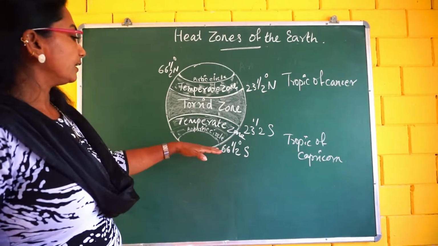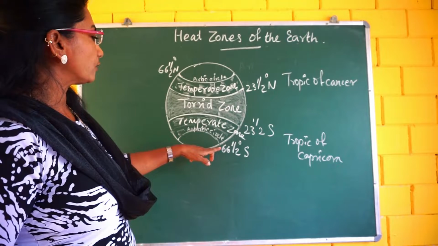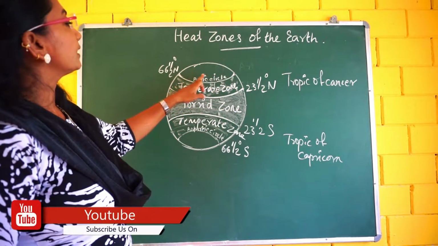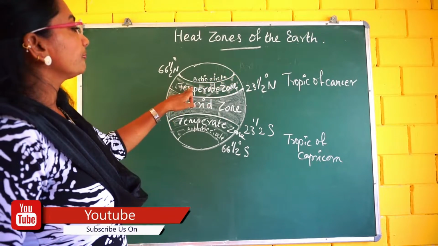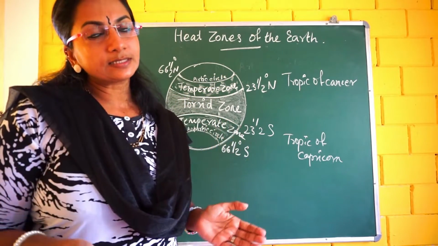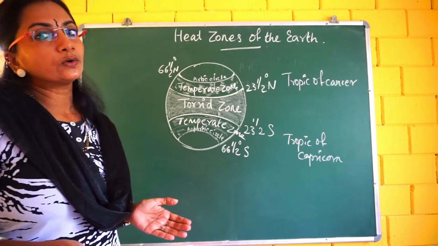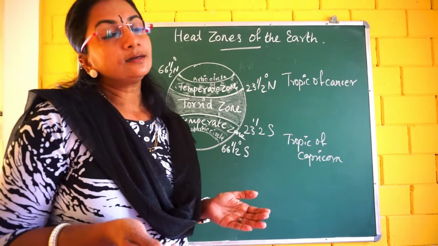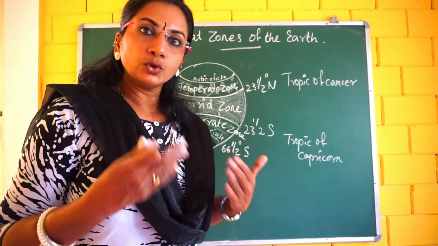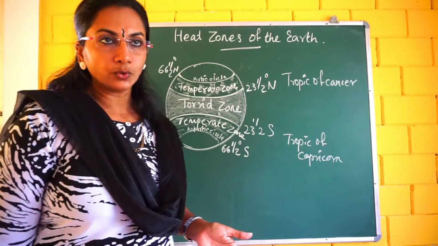Okay, temperate zone. That means the area between the Tropic of Capricorn and Antarctic Circle and the area between the Tropic of Cancer and the Arctic Circle do not get that much heat because of the slanting position. So that area is called the temperate zones, because it is not too hot, not too cold.